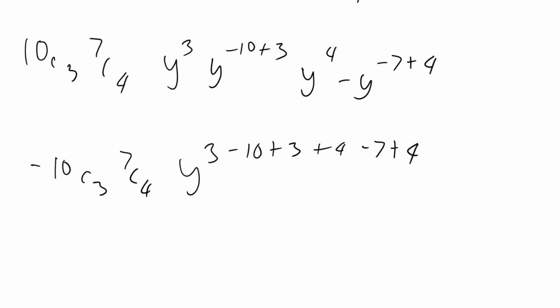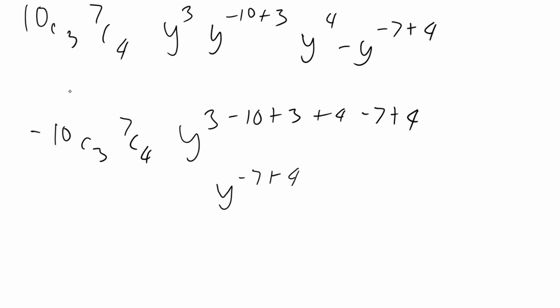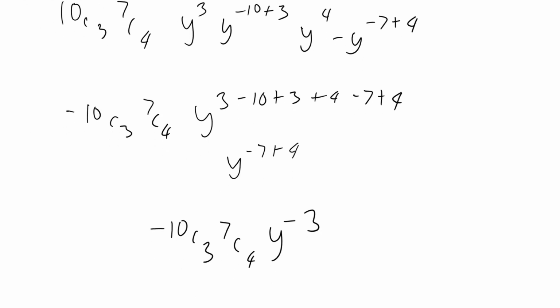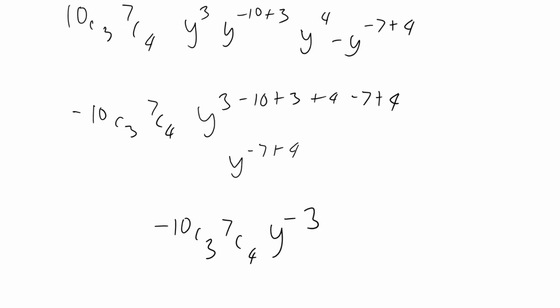When you cancel these terms, it becomes y to the minus 7 plus 4, and then it becomes minus 10 choose 3, 7 choose 4, y to the minus 3. So this is just one of your multiple coefficients for y to the power of minus 3.